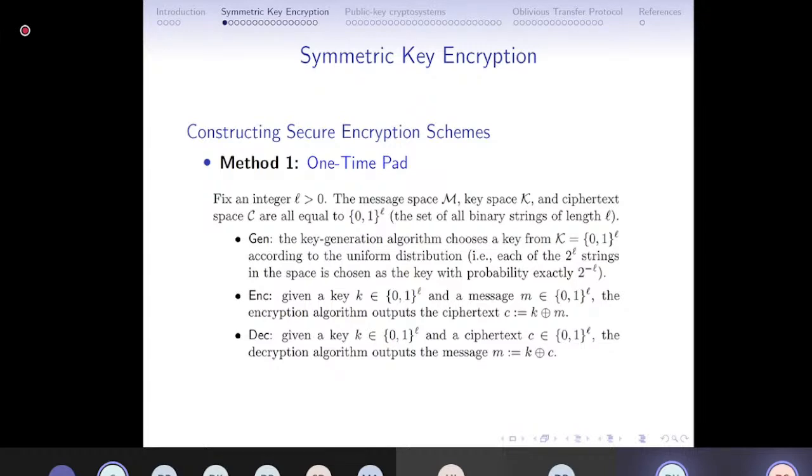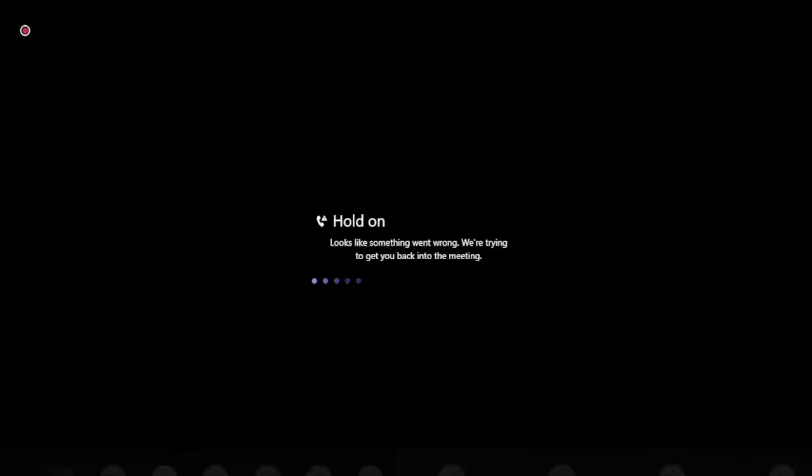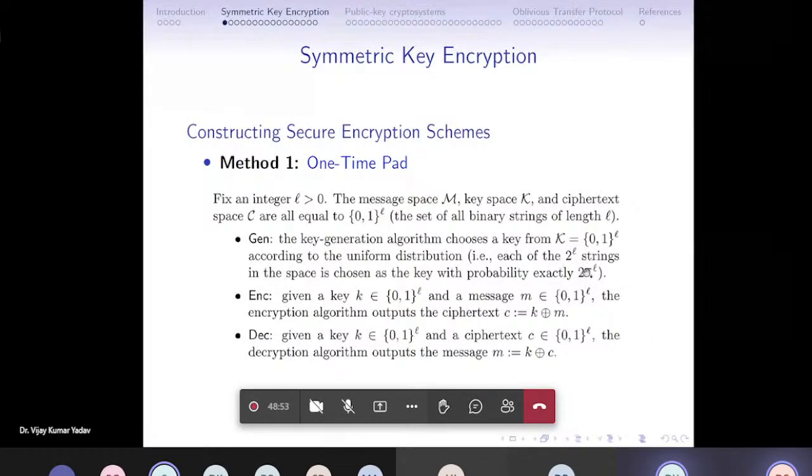The first one is by using the one-time pad method. In case of the one-time pad method, first of all, we need to generate an L-bit string using uniform distribution.